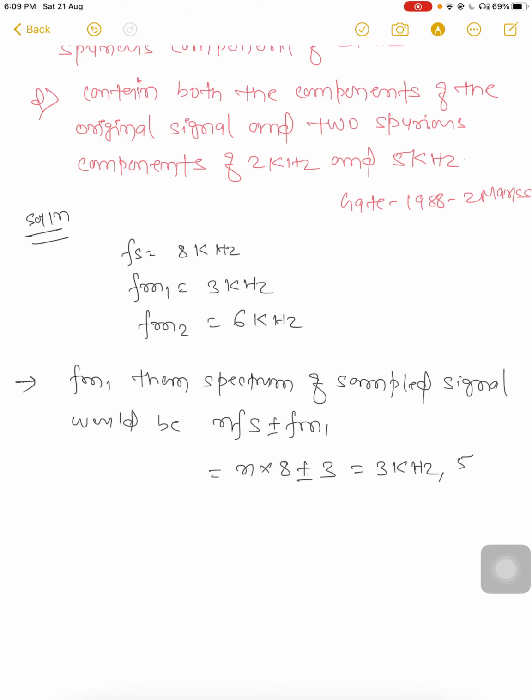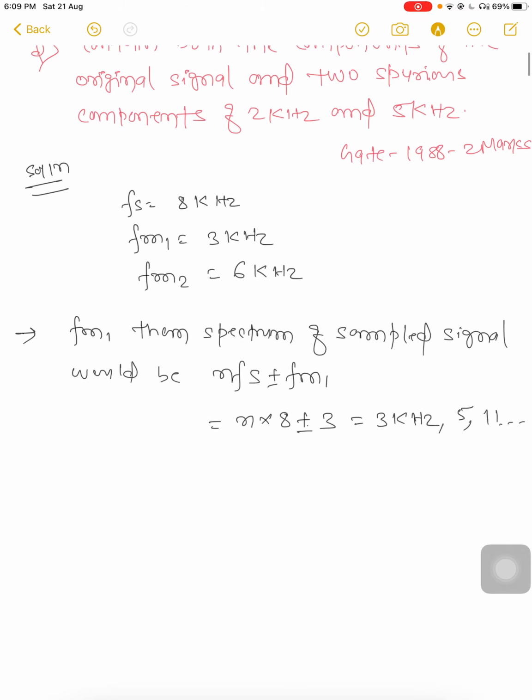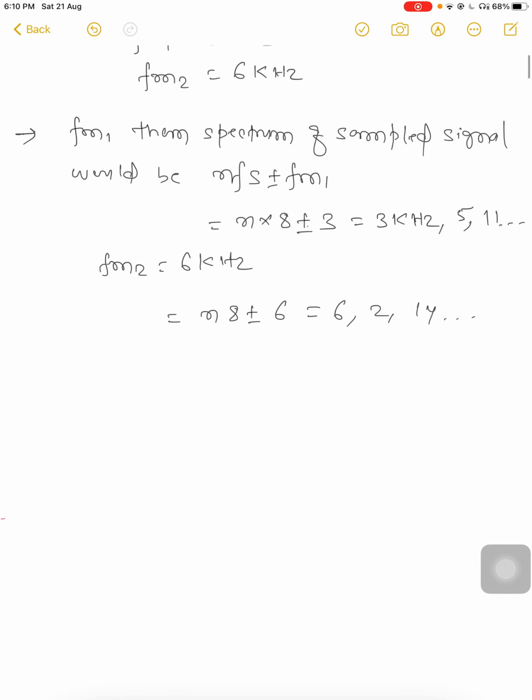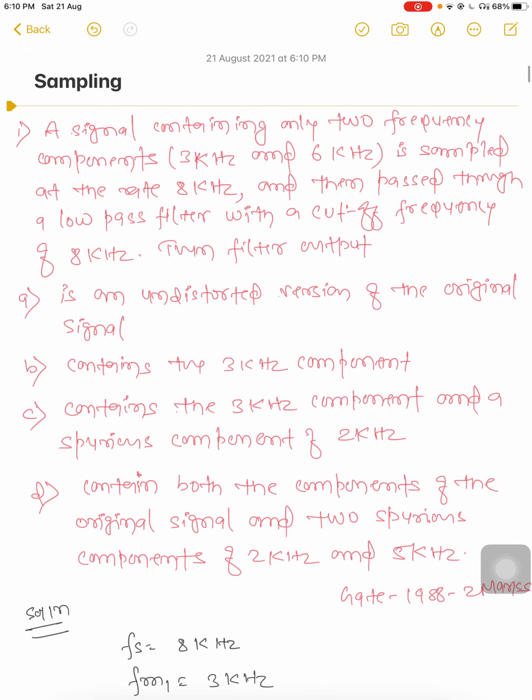Then n is equal to 1, then it will be 5 for the minus sign, and for plus it will be 11. In this way we will get the signal. And if fm2 is 6 kilohertz, then 8 plus minus 6, so n is equal to 0: first 6, after that 2, then 14. All these we will get.